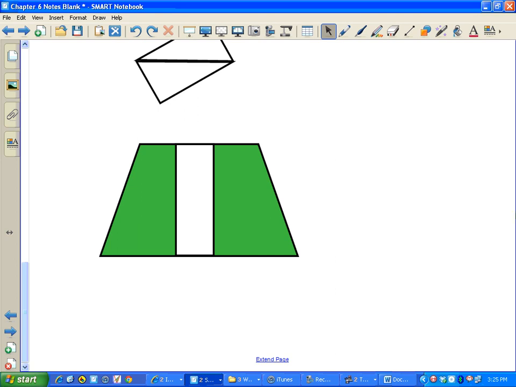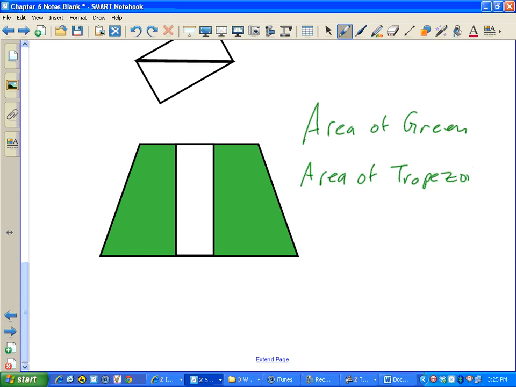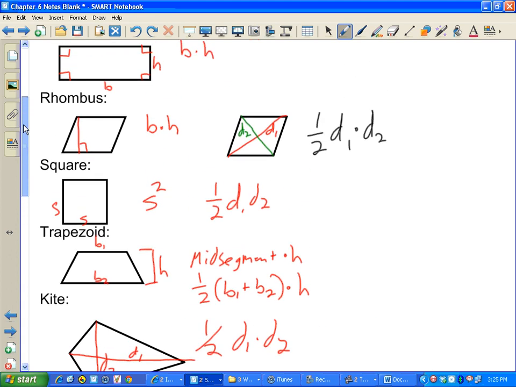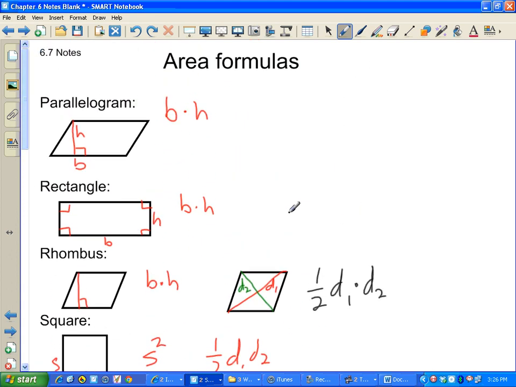So if I want to know the area of the green, I'm going to take area of the trapezoid and subtract the area of the rectangle. Okay, so because I'm taking the area of the whole thing and I'm taking away the area I'm not concerned about, that'll give me the area of just the green parts. Okay, so that'll be a couple problems in there. Other than that, it's pretty straightforward. Just apply the correct formula based on what shape you have, and this should be fine.